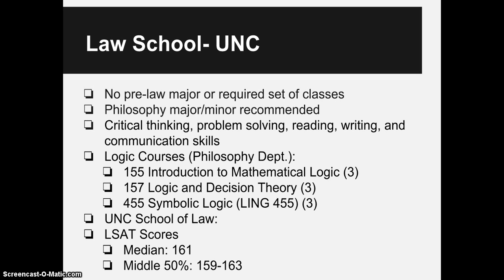UNC does have a law school, and so like UT, the resources would be there to help undergraduate students or pre-law students prepare for law school. You are set up with a pre-law advisor when you get to Chapel Hill that can help you structure your courses to help with law school admissions.